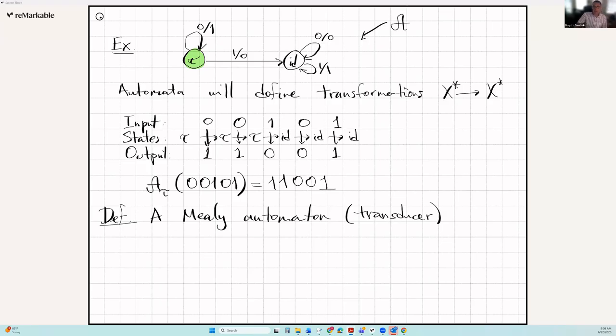And again, right now I'm just defining a language to work with these automorphisms, and I'm going to get to self-similar groups just in a second, but this is just one of the equivalent languages. So it is a four-tuple A, which is Q, X, and let's say delta and lambda. So what are those guys? So Q is the set of states.